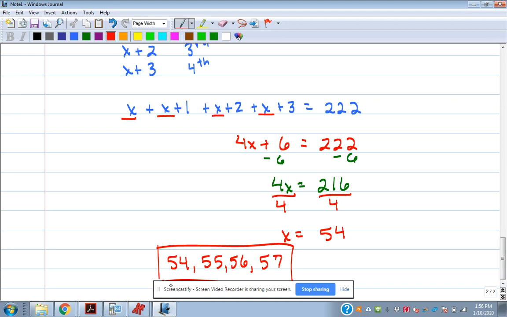And then number 9 talks about an isosceles triangle. What do we know about isosceles triangles? 2 sides are equal, but also what else is equal? The angles. So with an isosceles triangle, these 2 sides are congruent to one another, or the same.